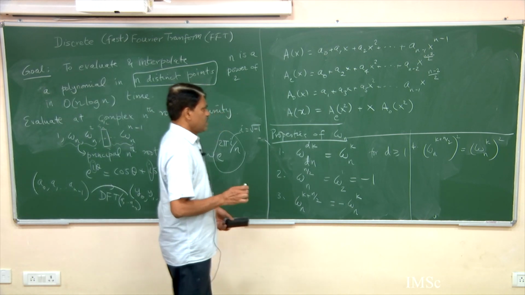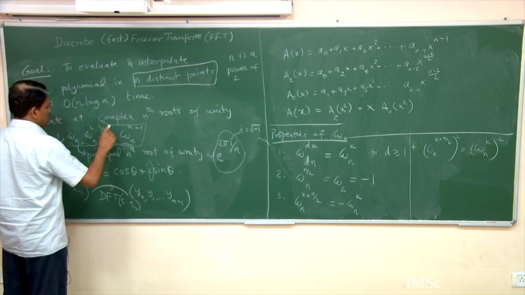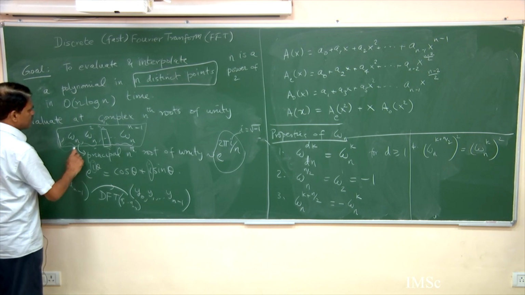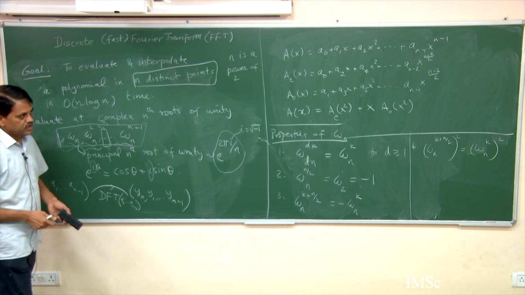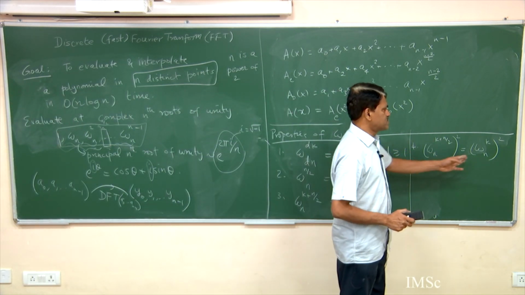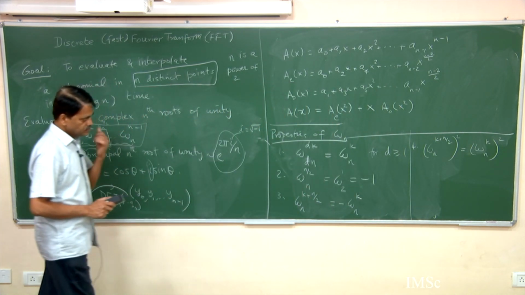So what am I saying? That if you take these values and square them, each one of them, what happens is that you have the second half the same as the first half. That's what this is saying. After n by 2, it is the same as omega n k square.